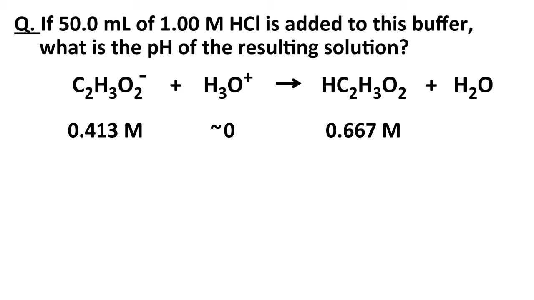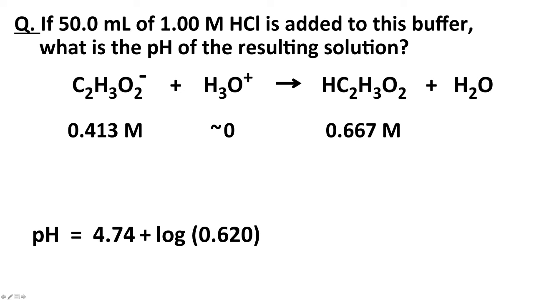And so our molarities, when we divide the moles by liters, for the acetate we get 0.413 molar. For the acetic acid we get 0.667 molar. And we can then plug those values into our equation.